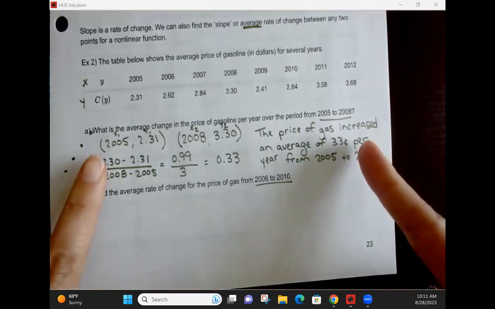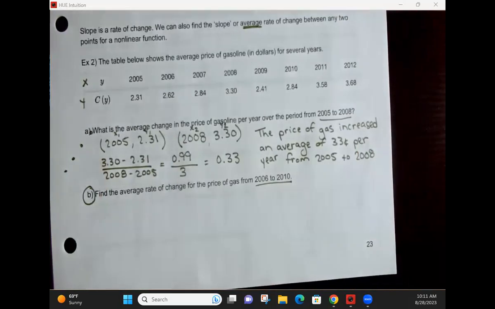Same idea as what we just did, but a different interval of time, 2006 to 2010. Don't forget to describe what you found.